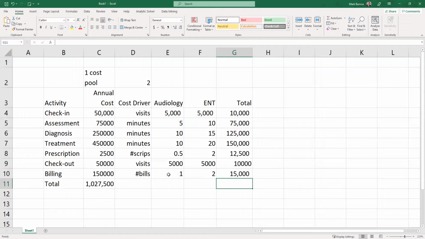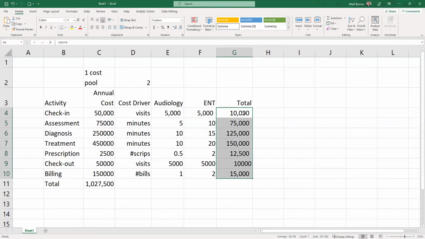We had 1 bill per visit, so 1 times 5,000 is 5,000. And then 2 times 5,000 is 10,000. So 5,000 plus 10,000 gives us 15,000. So now we have our total driver.